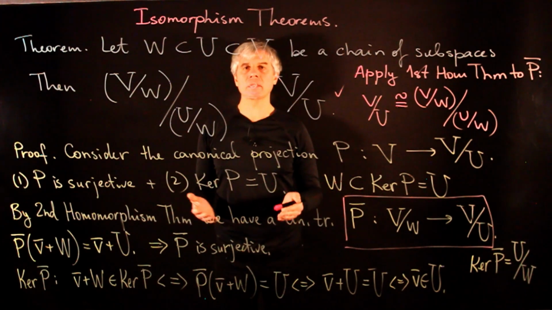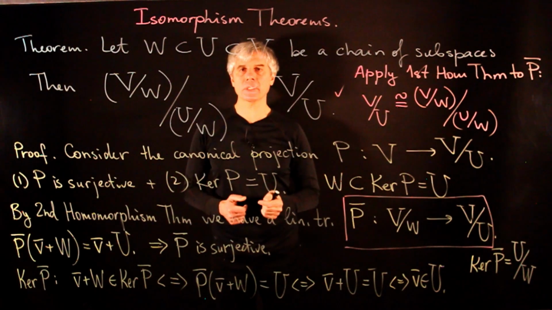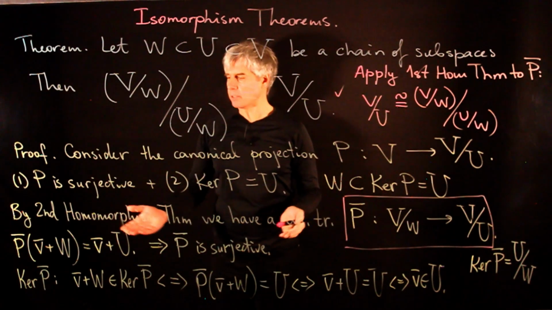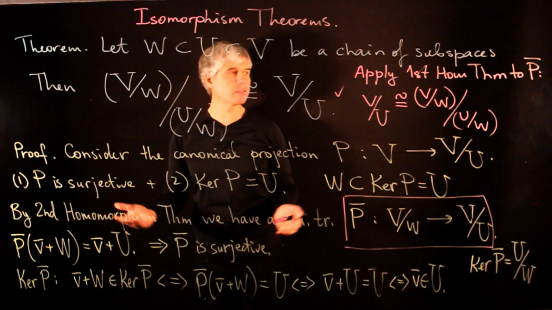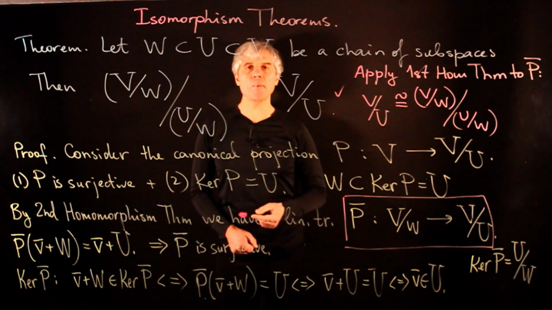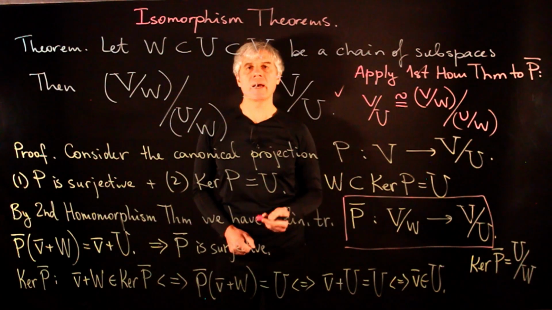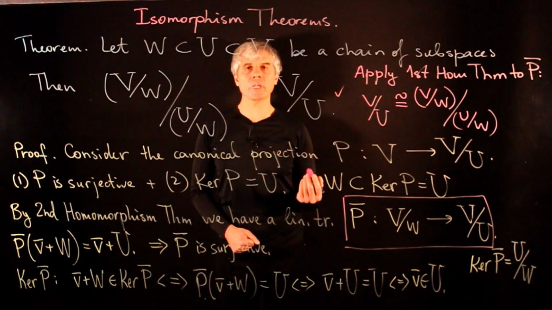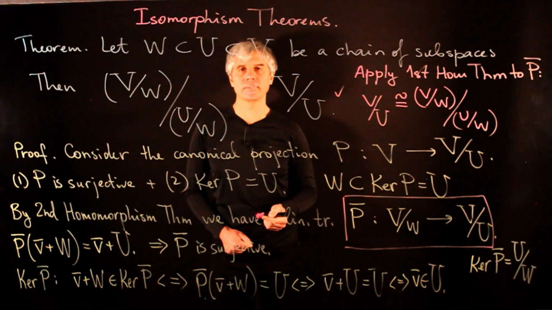So we see that in the proof of this isomorphism theorem, we made effective use of both the second and the first homomorphism theorems. The three homomorphism theorems that we proved today are versatile tools when working with quotient spaces.